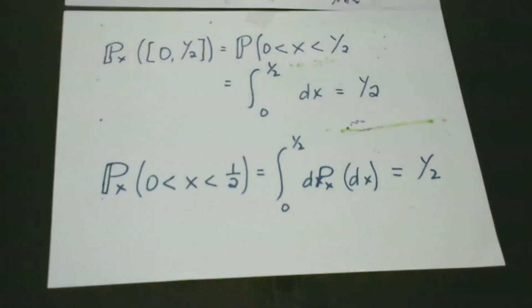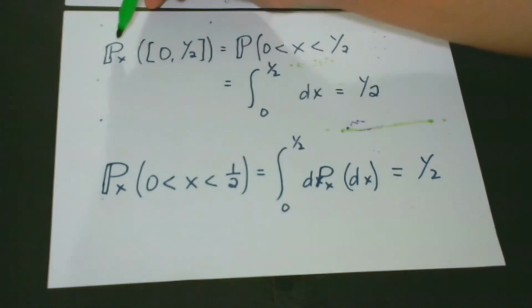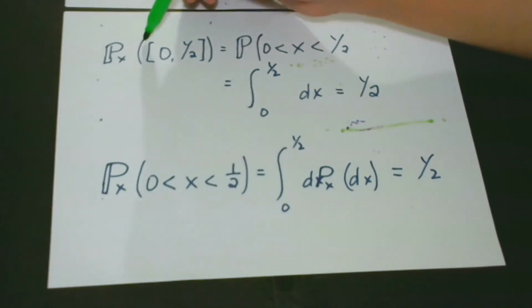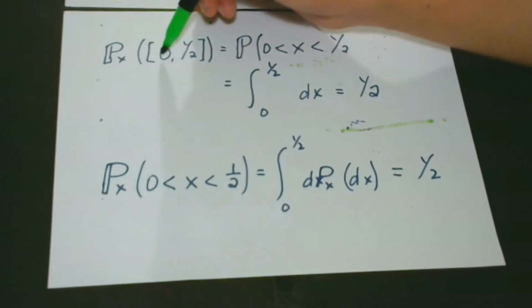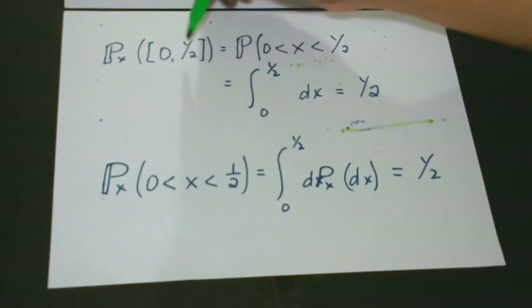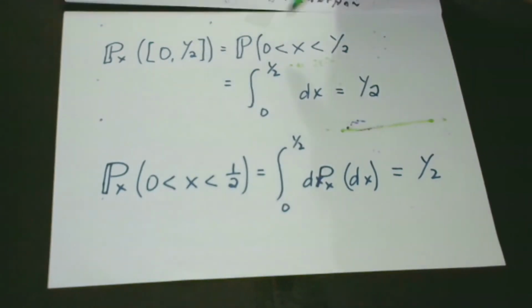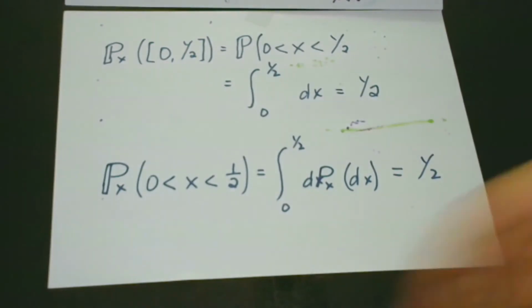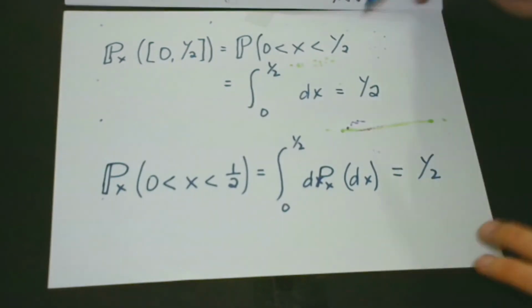The probability of x defined by the interval from 0 to 1/2 is equal to the probability of the interval from 0 to 1/2.